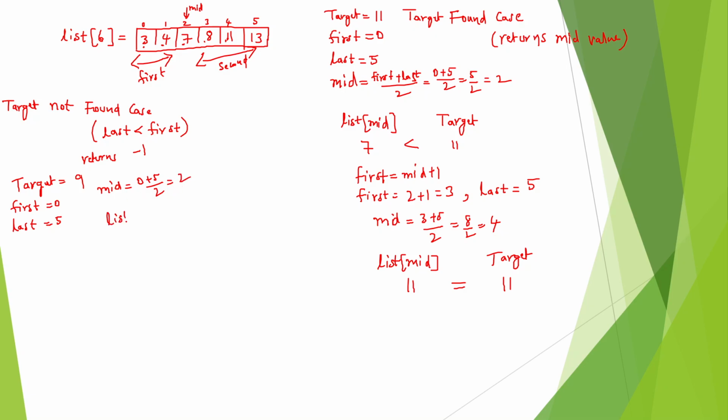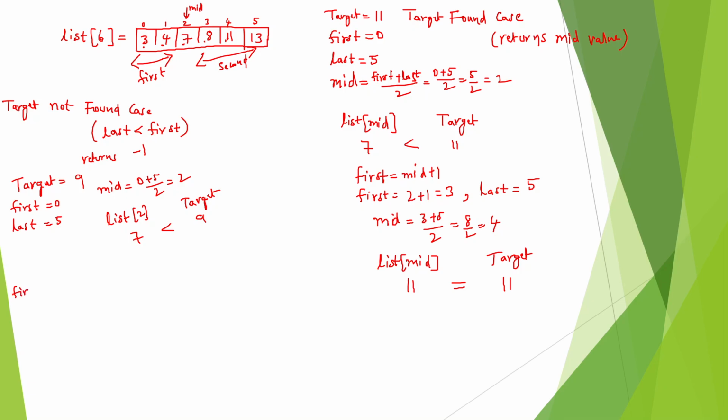Comparison between list of 2 and target. What is list of 2? List of 2 is 7. 7, target is 9. Relation is greater than. So whenever greater than, we need to modify first because we need to test only the second half. How do we modify first?